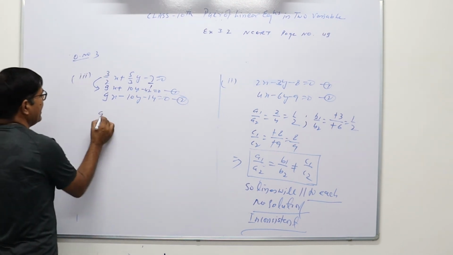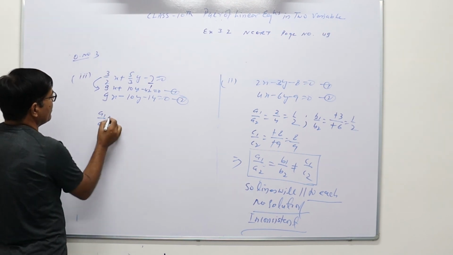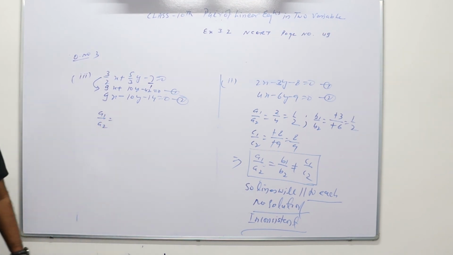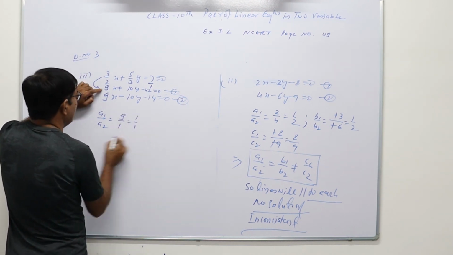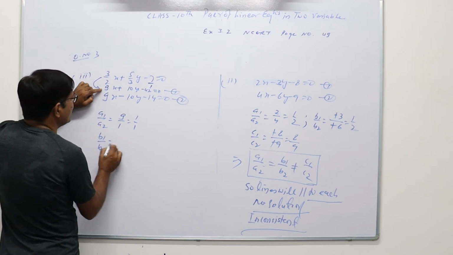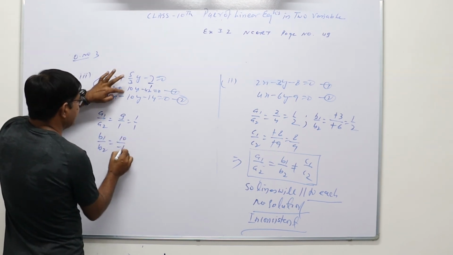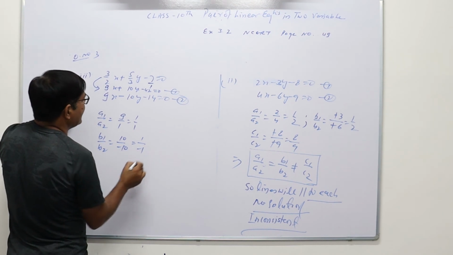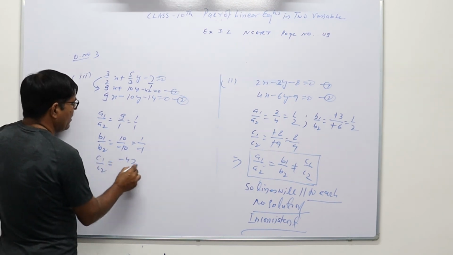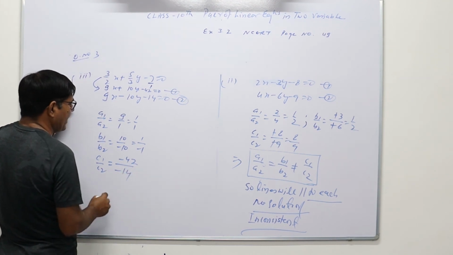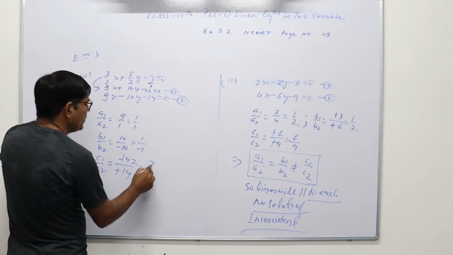So here a1 upon a2 is equals to 9 upon 9, that is 1:1. Then b1 upon b2 is equals to 10 upon minus 10, that is 1 upon minus 1, and c1 upon c2 is your minus 42 upon minus 14, that is equals to 3:1.